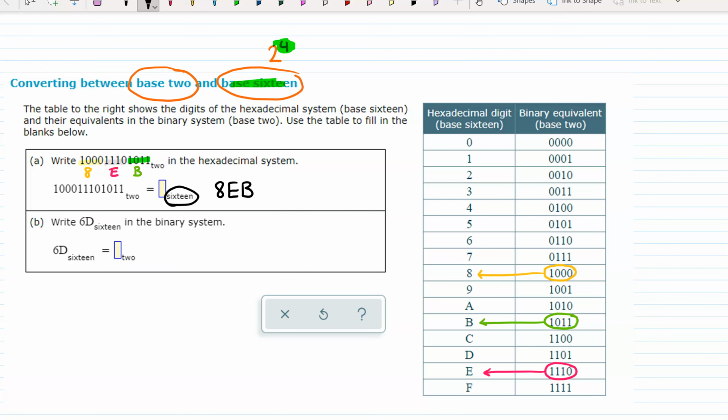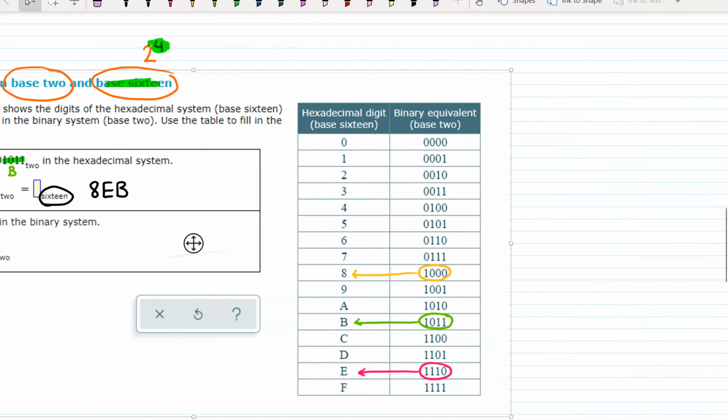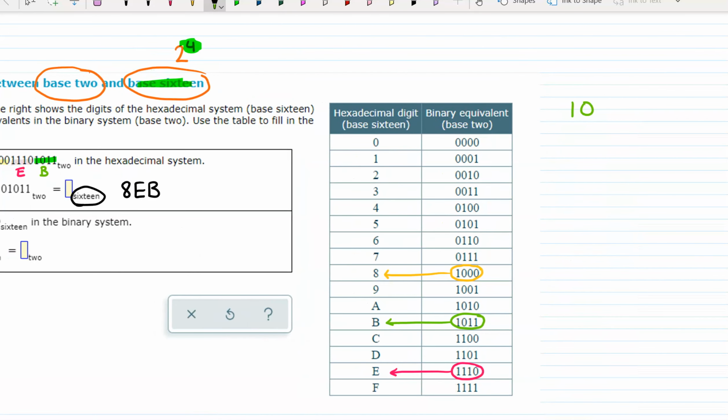Like you could look just at 1011. So let's take that green one, 1011. If I'm just considering this in base 2, this digit is 1 times 2 to the 0, which is 1 times 1, which is 1. And then this digit is 1 times 2 to the 1st, so 1 times 2, which is 2.